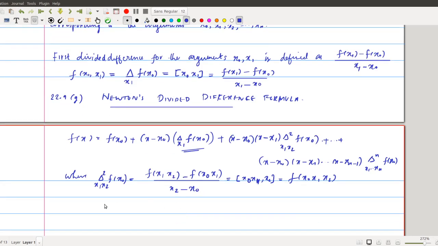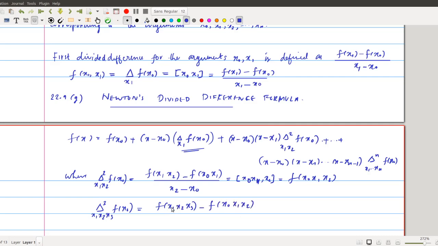Similarly, you can define the third order delta cube x1 x2 x3 of f of x naught. By definition this is equal to f of x1 x2 x3 minus f of x naught x1 x2.